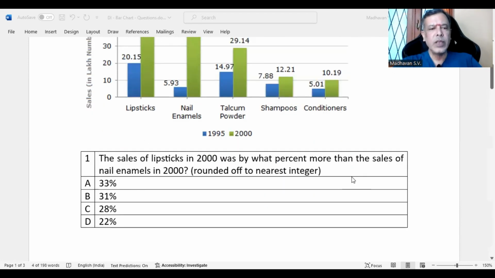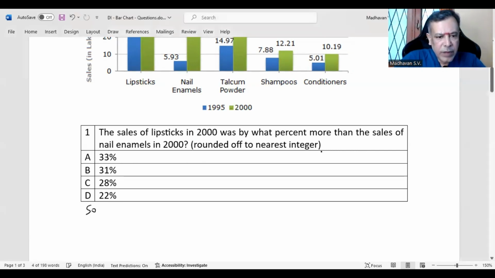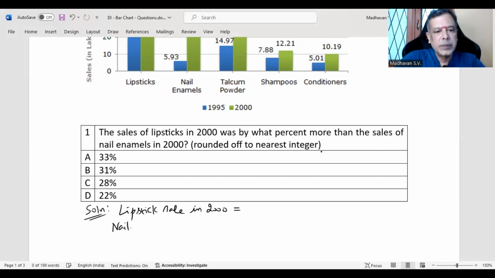So now the very first question they ask, the sales of lipsticks in 2000 was by what percent more than the sales of nail enamels in 2000, rounded off to the nearest integer, which means we need to identify from the graph what is the lipstick sale in 2000 and what is the nail enamel sale in 2000 from the graph.